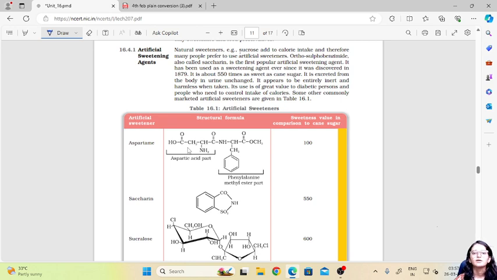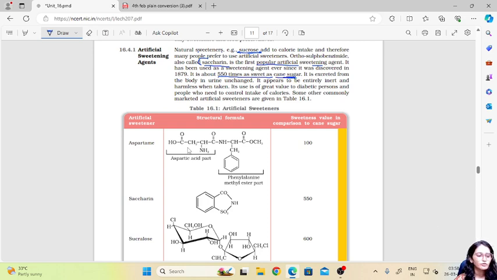Natural sweeteners, that is sucrose, add to calorie intake, and therefore many people prefer to use artificial sweeteners. We will start with saccharin. Saccharin is the very first artificial sweetening agent and has been used as a sweetening agent ever since it was discovered in 1879. It is about 550 times as sweet as cane sugar.